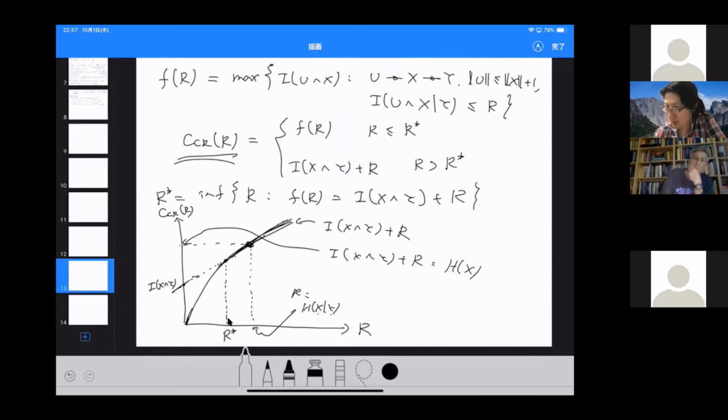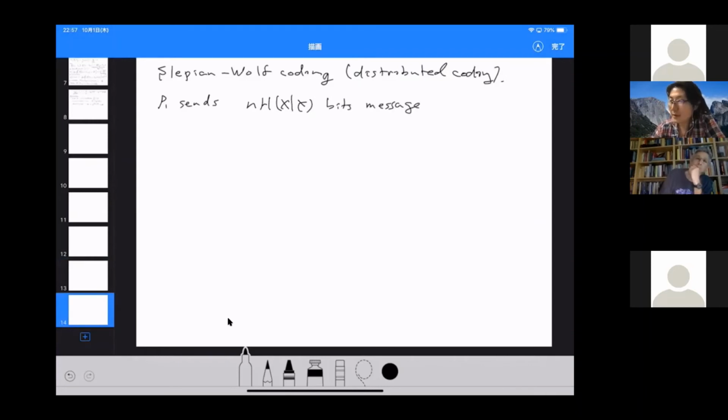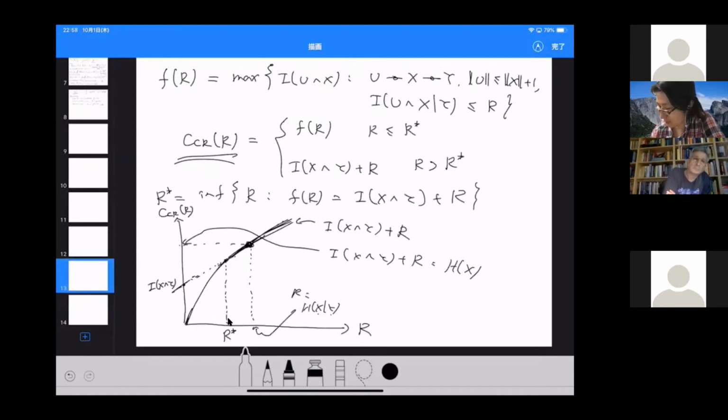So this point is attained by Slepian-Wolf coding, so distributed coding. P1 sends roughly n times h of x given y bits message so that P2 can recover xn with small error probability. Then by using xn, P1 and P2 can generate roughly n times h of x common randomness. Okay, so this point is very easy to attain.